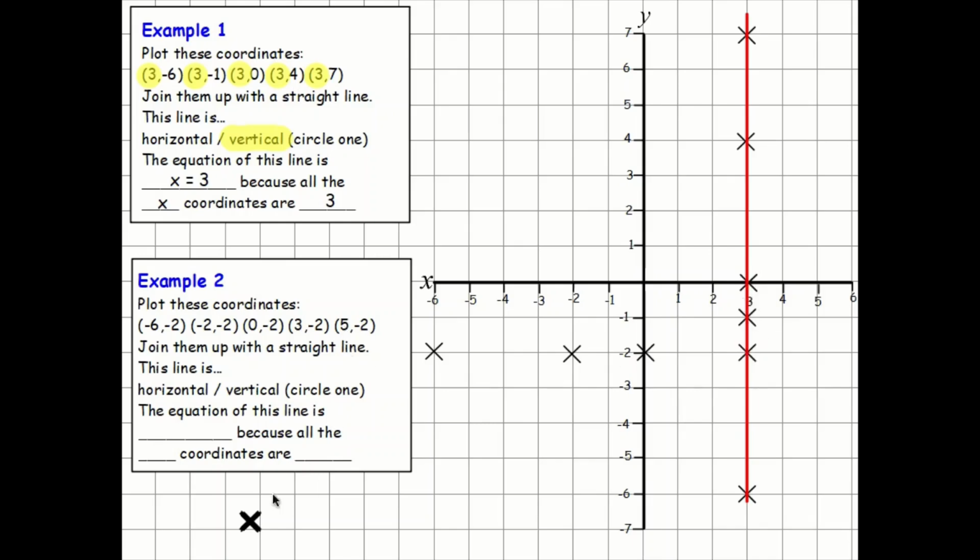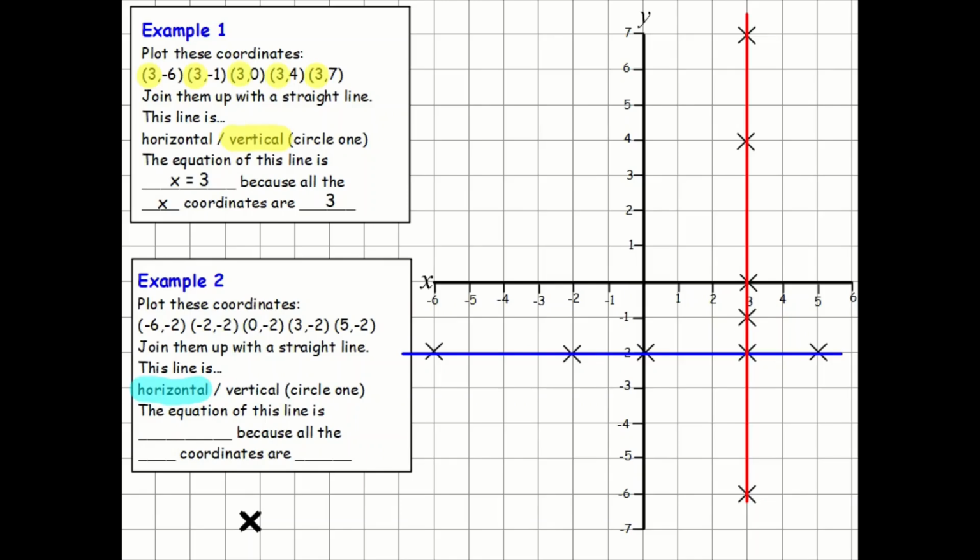And the final one, along the corridor to 5 and down to minus 2. And look, that forms a horizontal line. So this line is horizontal.